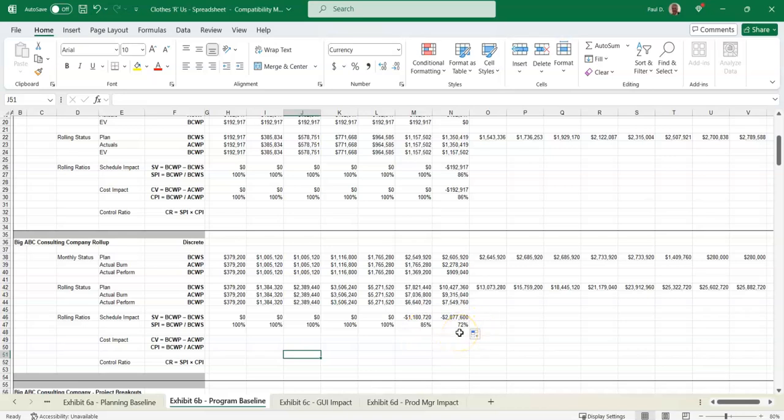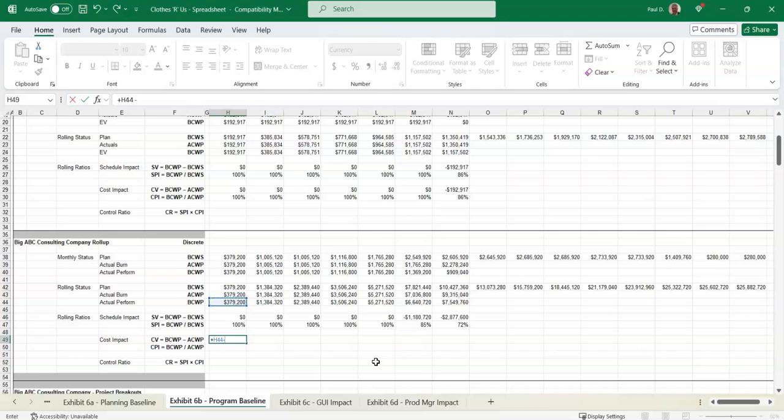To only be 6 months, 7 months into the program and only have a 72% SPI. There needs to be some serious corrective action at this point, because that would be considered a red program to management and the customer.